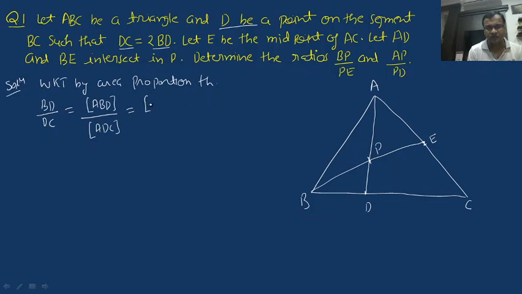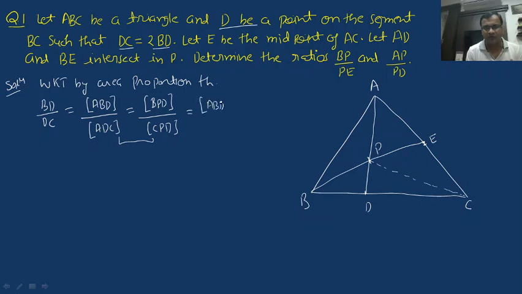This is again equal to area of triangle BPD upon area of triangle CPD. If we connect P to C, then we can also write BD by DC as area of BPD upon area of CPD.